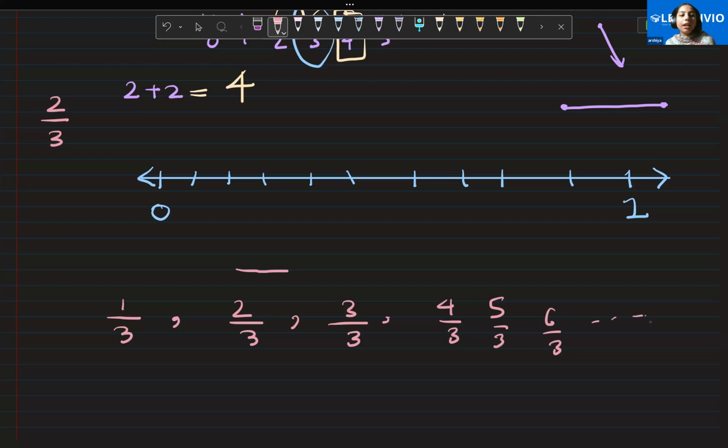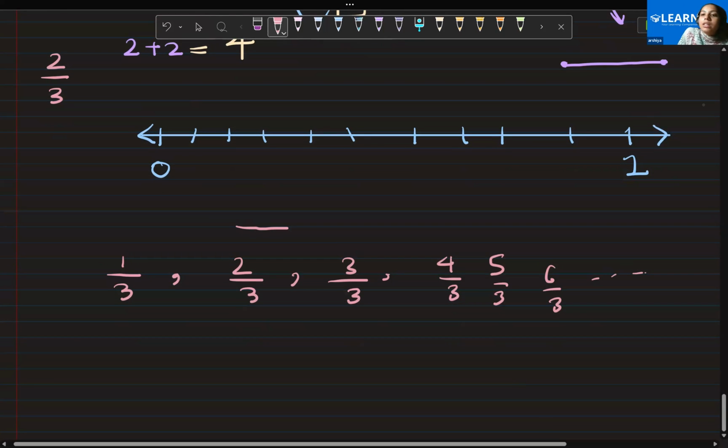If I have to write the denominator as 3, you just write the normal counting 1, 2, 3, 4 in the numerator, and the denominator will be 3. So you will get 1 by 3, 2 by 3, 3 by 3, 4 by 3.